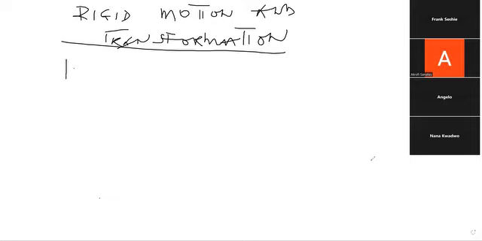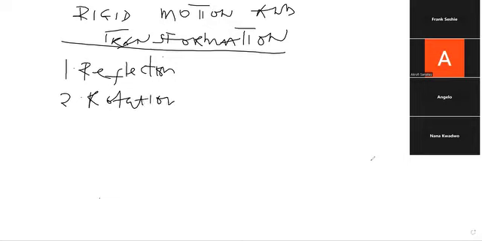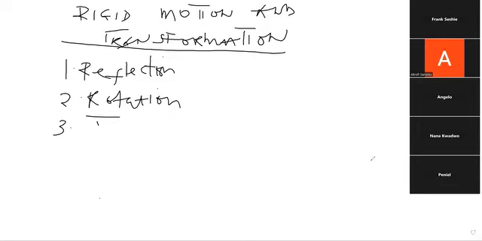So the changes can be with respect to reflection, and the changes can also be with respect to rotation, and the changes can also be with respect to translation, and the changes can also be with respect to enlargement.